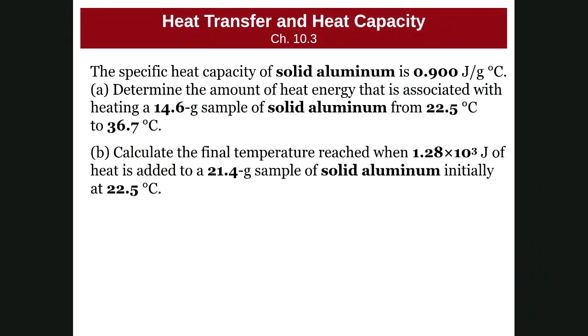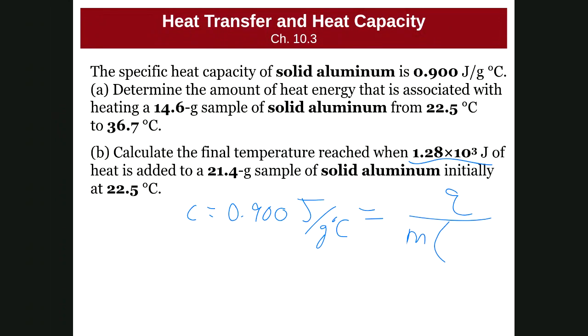And now for part B, we're going to instead find the final temperature after we've added 1.28 times 10 to the third joules. So again, we're going to use our heat capacity equal to 0.900 joules per gram degrees Celsius. We have that equal to Q over M, and I'm going to write it out this time, T final minus T initial.